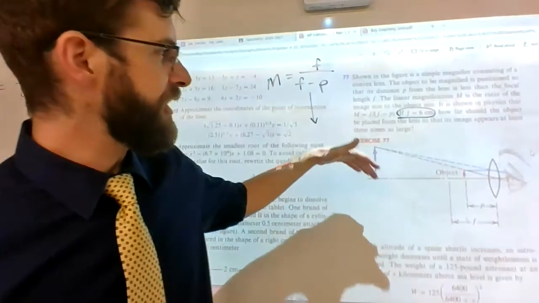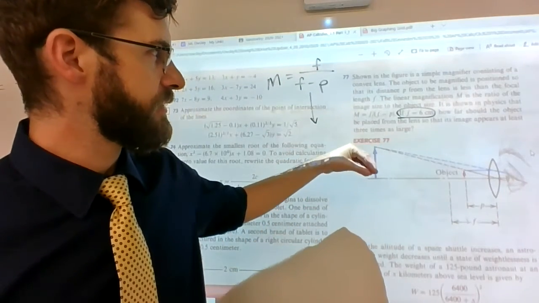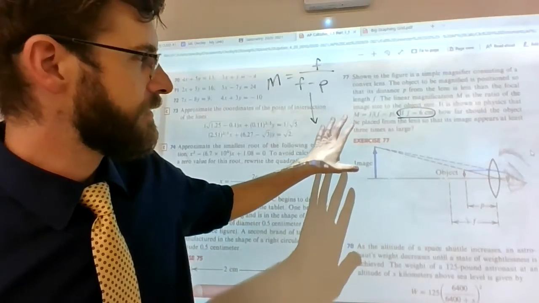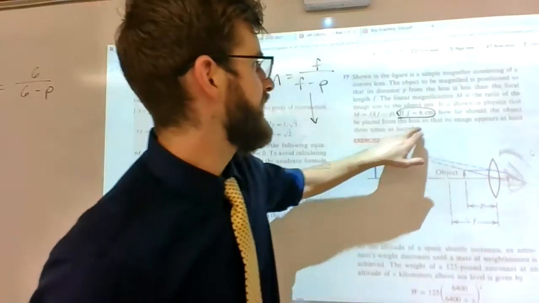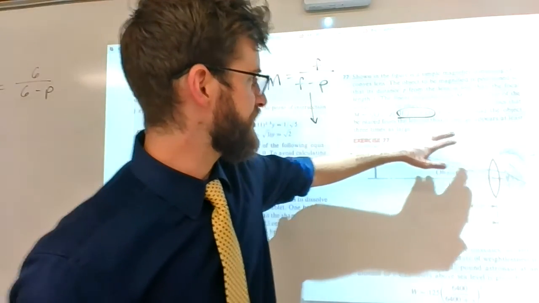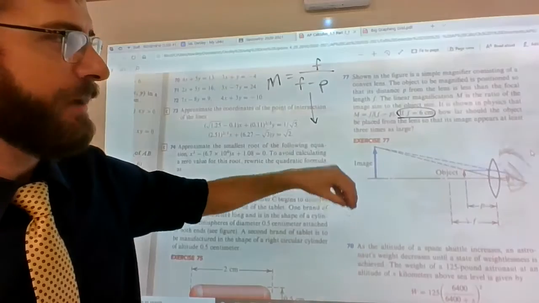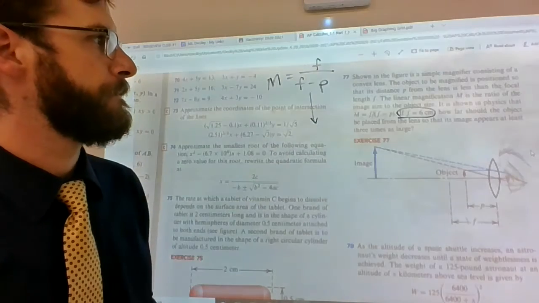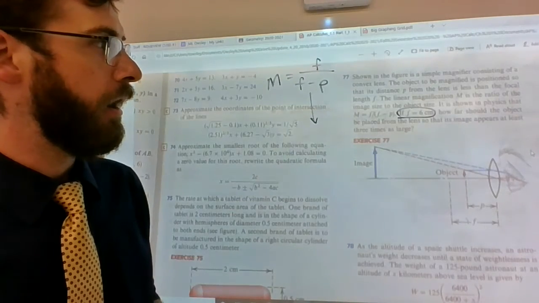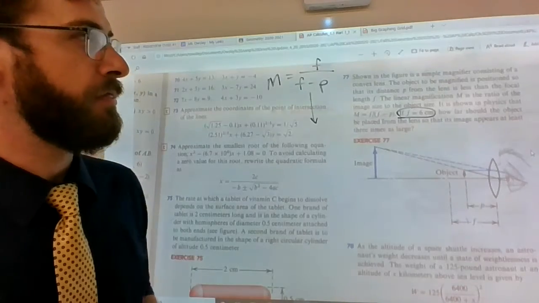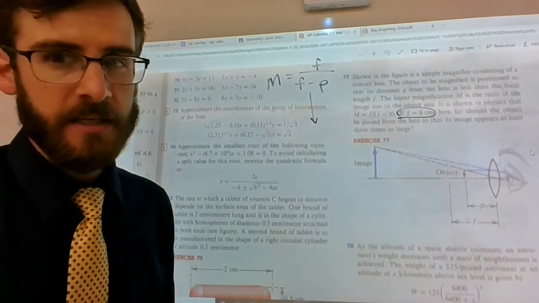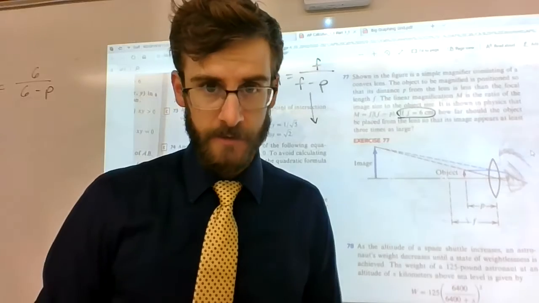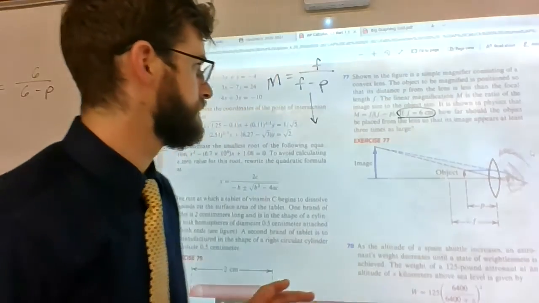How far should the object be placed from the lens, okay, so that its image appears at least 3 times as large? They're saying that m should be 3, I believe.